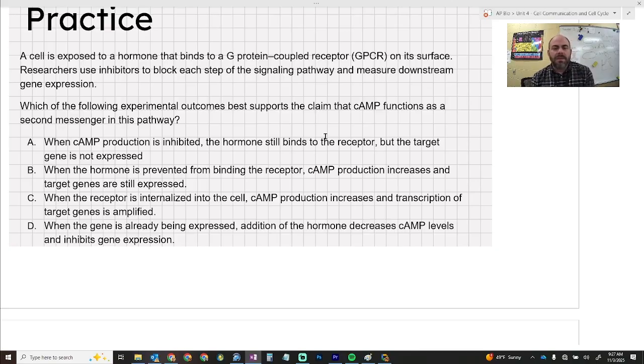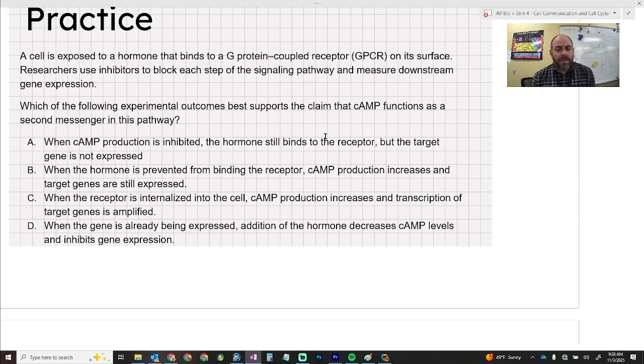Now let's look at B, C, D just to make sure, but I'm pretty confident with A. B: When a hormone is prevented from binding to the receptor, cAMP production increases. It wouldn't do that, right? C: When a receptor is internalized in the cell, cAMP production increases and transcription. There's no reason to believe that, right? And it has nothing to do with the prompt either, about blocking or anything like that.